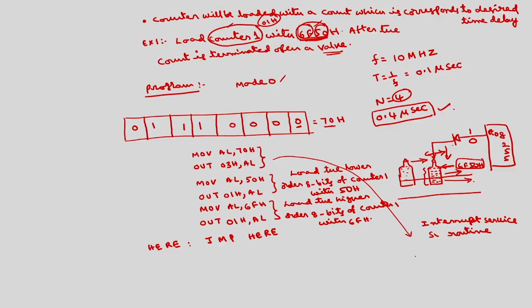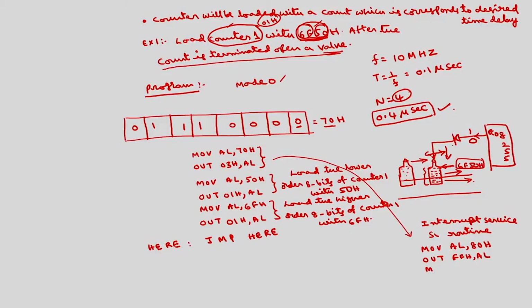Here, what is the program that I have to write? I want to open the valve, which is connected to PC0. So, what are the instructions? MOV AL, because I want to program this PC0 as output port. We can use 80H to program all the ports as output ports, OUT FFH, AL, if I assume the same addresses. This will program all the ports as output ports in mode 0.